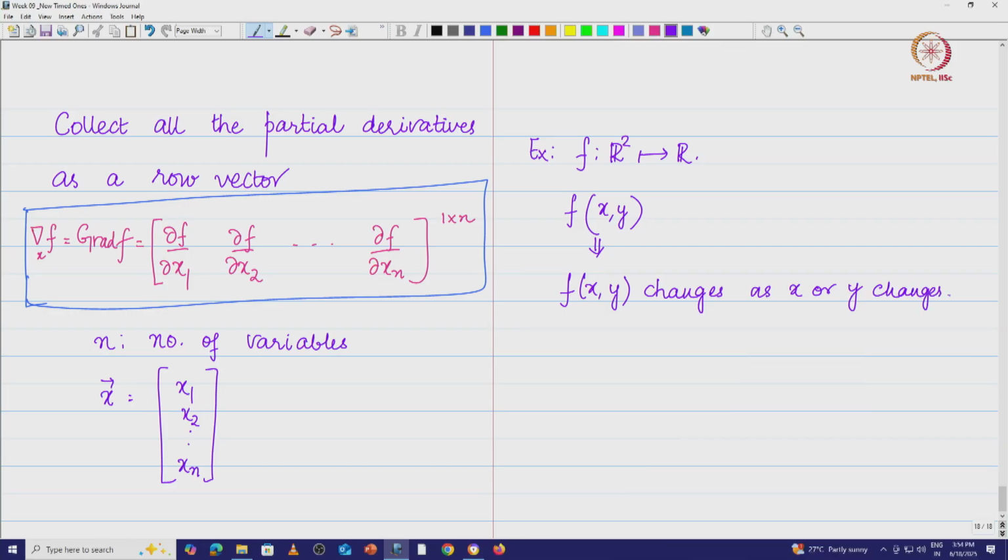So we will take dou f by dou x in this case. This is going to treat y as constant, and dou f by dou y treats x as constant.